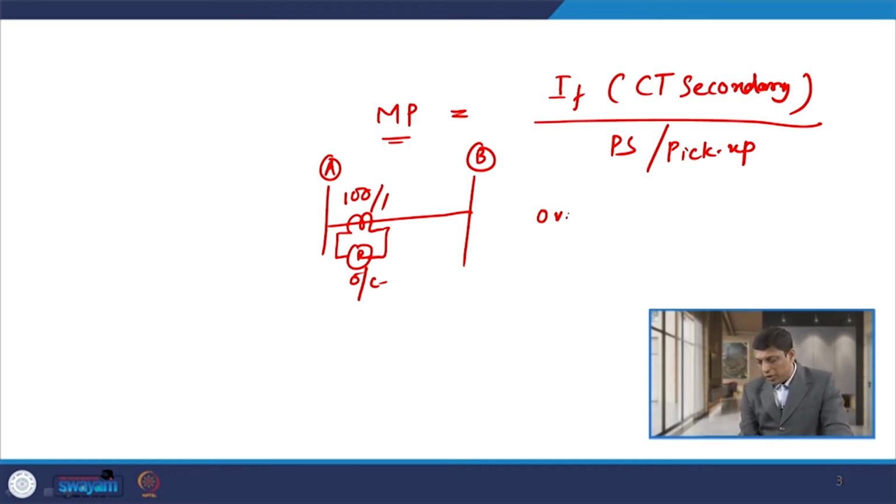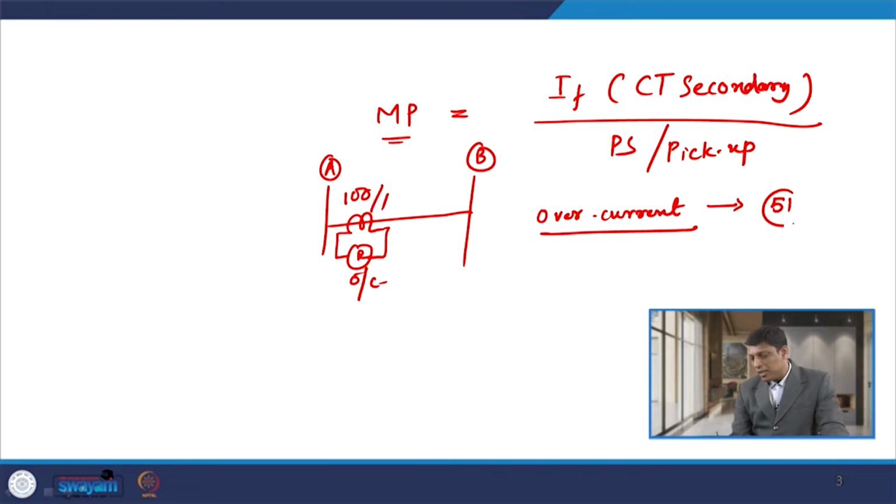Instead of writing the relay name as overcurrent relay, they denote the relay with a number. The overcurrent relay is given the number 51. Other types of relay are given different numbers. Say, if I consider the negative sequence relay, the number is 46. If I consider the distance relay, the number is 21, and so on. So, there are several numbers assigned for each specific type of relay.